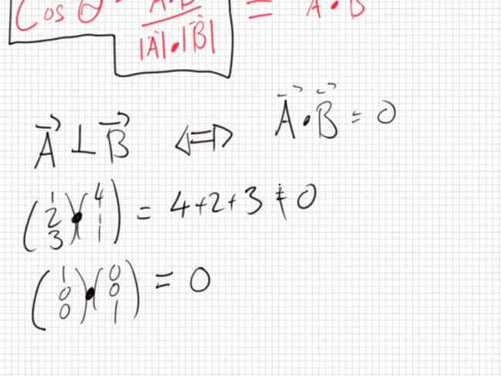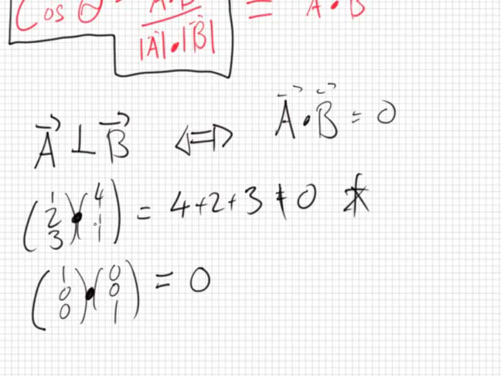So the first example I gave you there, are they perpendicular? The answer is no. So let's calculate the angle between these vectors. I'll take this one as an example. So what's the formula? Do you have these numbers written down?